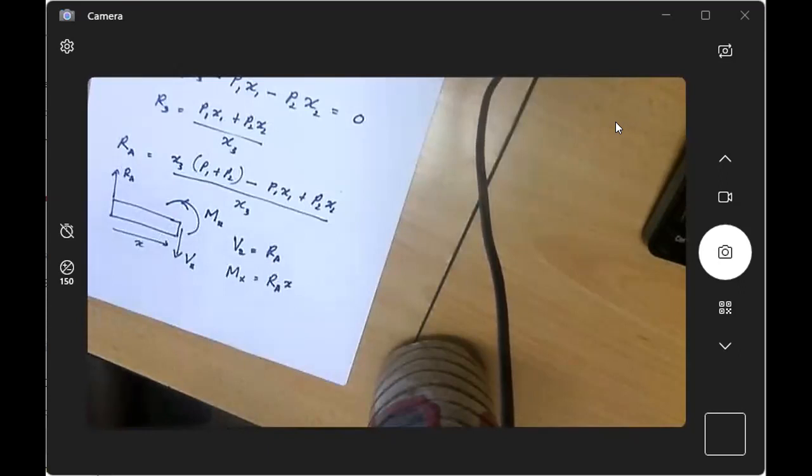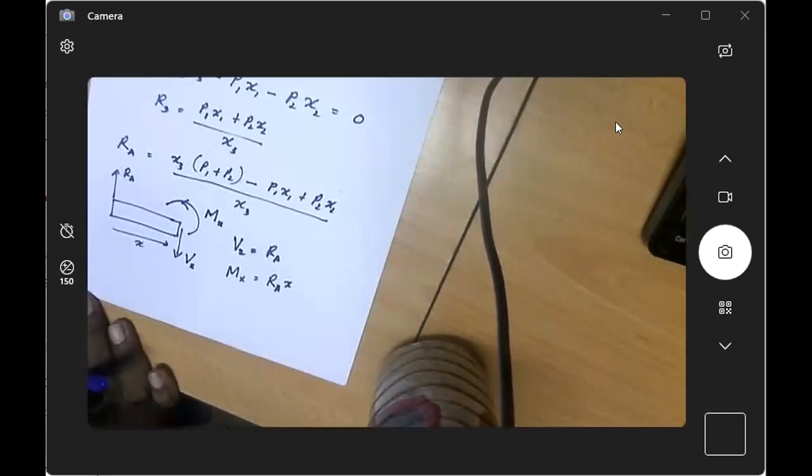So this is the process to calculate the internal forces or moments acting on a beam, column, or any other structural component, right?